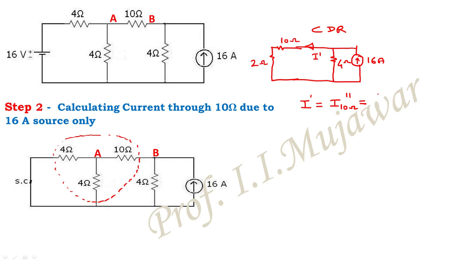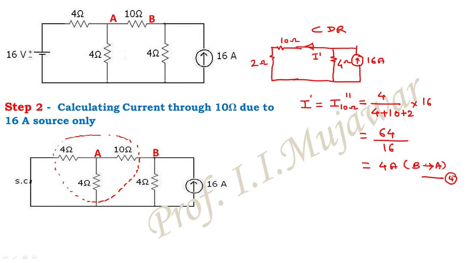So by using CDR, it is opposite resistance 4 divided by 4 plus 10 plus 2 into 16. So this value comes to be 64 divided by 16. So that value is nothing but 4 ampere. Now since the current is flowing from right to left, that means the direction is B to A.